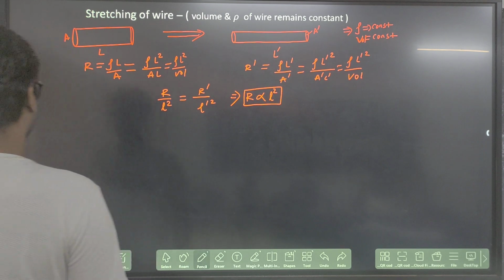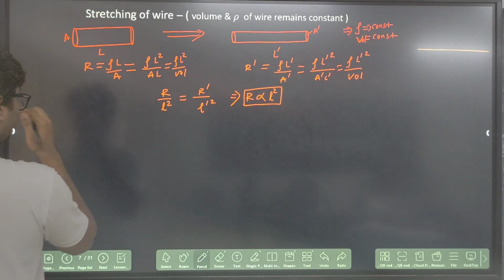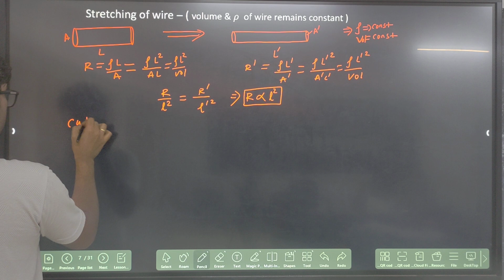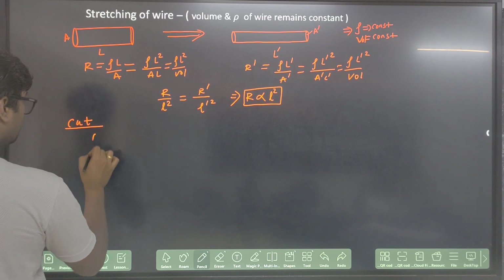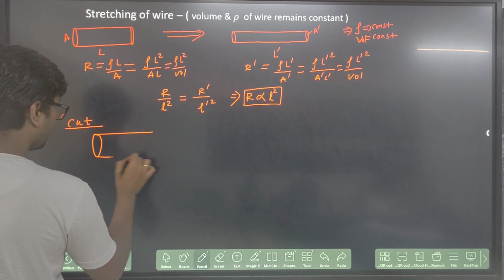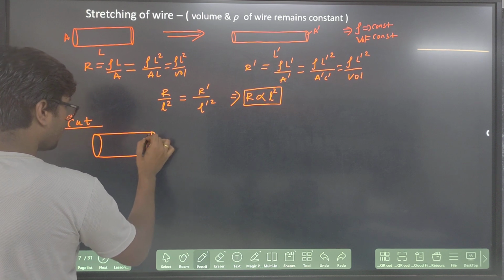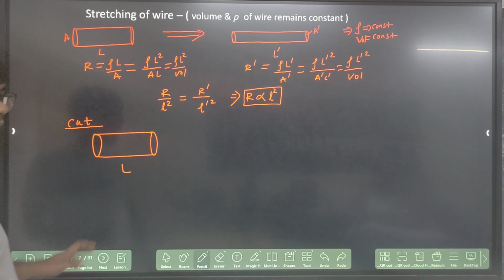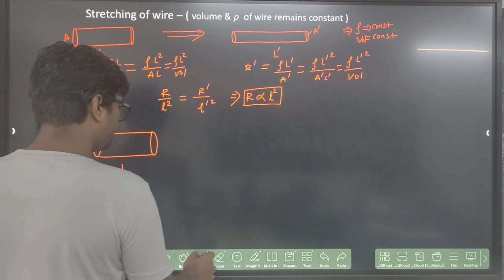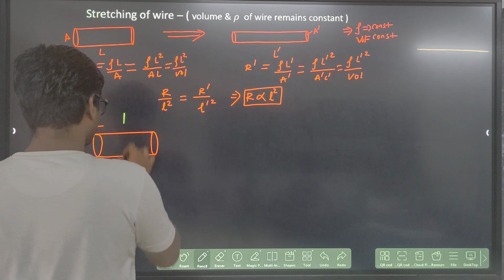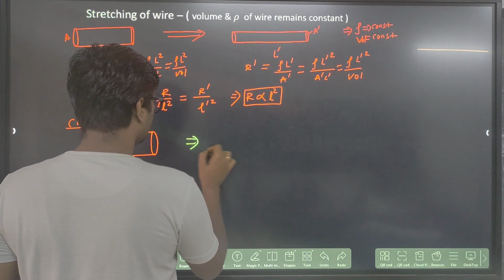If you cut the wire, let's say this is your conductor or wire, this length is L, and you cut it into two pieces. Then what will happen here?